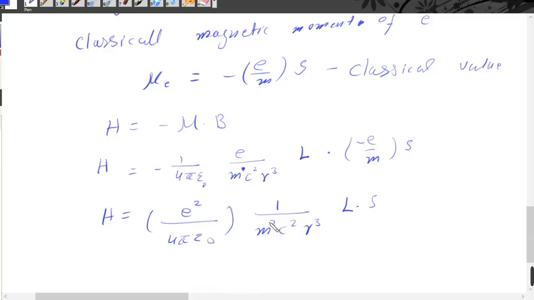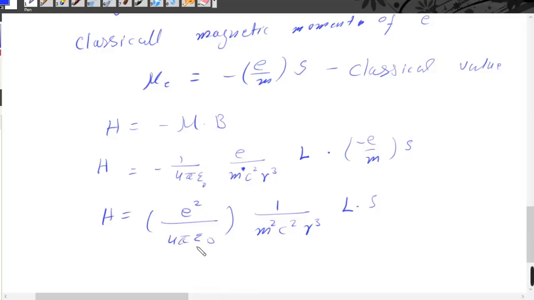But there is a serious flaw in this calculation. We consider the frame of the electron at rest, but it is accelerating as it orbits around the nucleus.